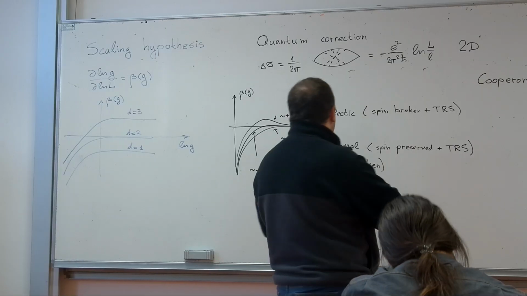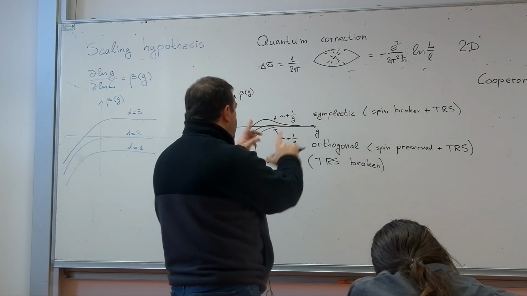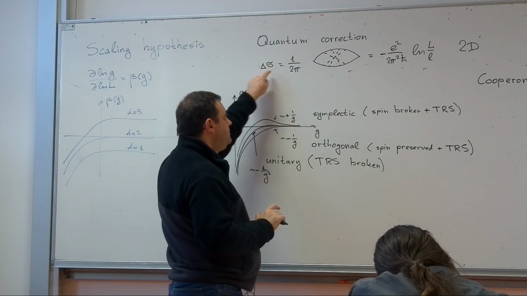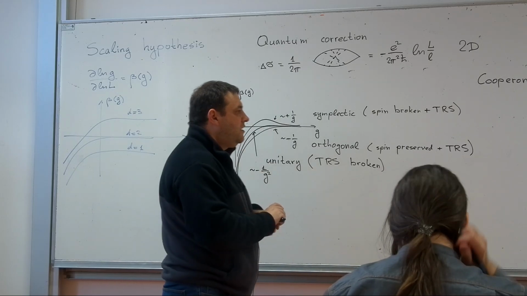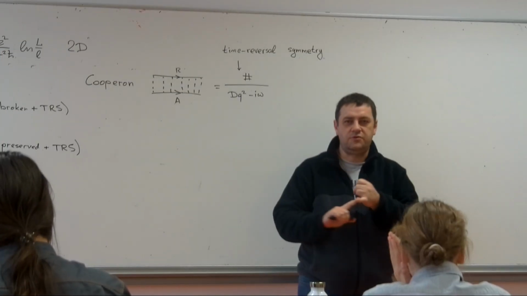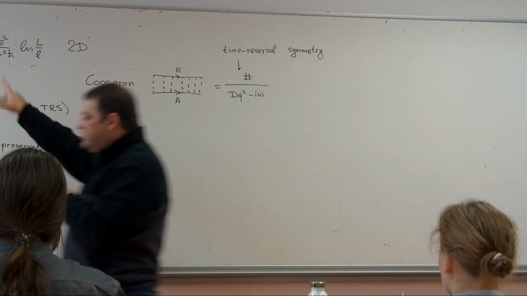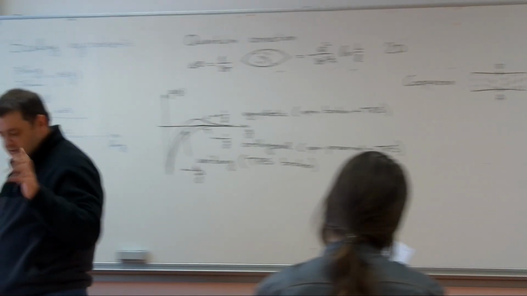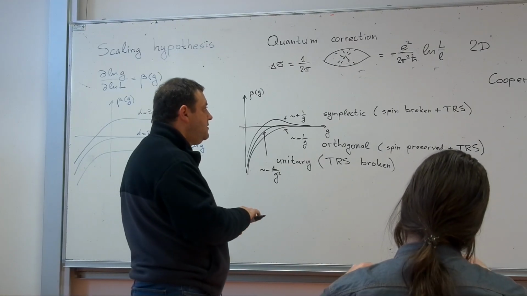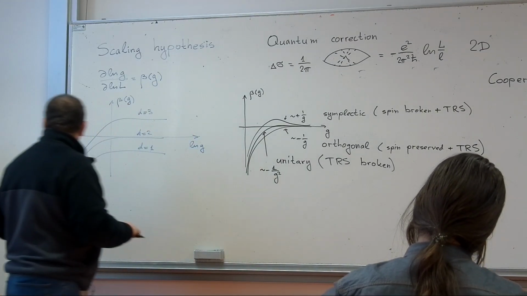Okay, so what we are going to study today is a quantum correction to conductivity. Conductivity has a quantum correction. There is a very similar thing, which is a quantum correction to the diffusion constant, which is more or less the same diagram, but there are some tricks. And I will do this calculation today.